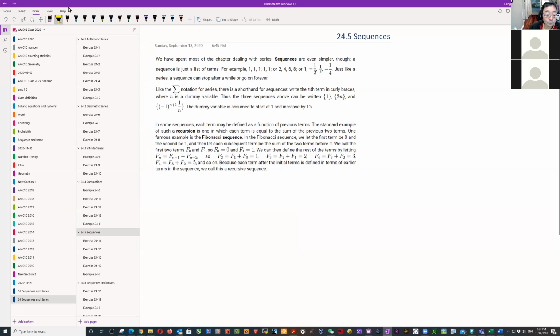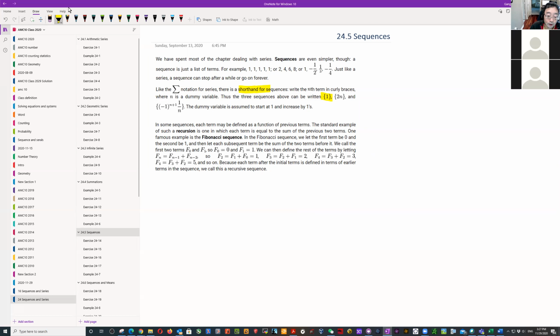A lot of the time, in the test, maybe they will ask you for the closed form. So basically, you can write the first one. This is a shorthand for the sequence.